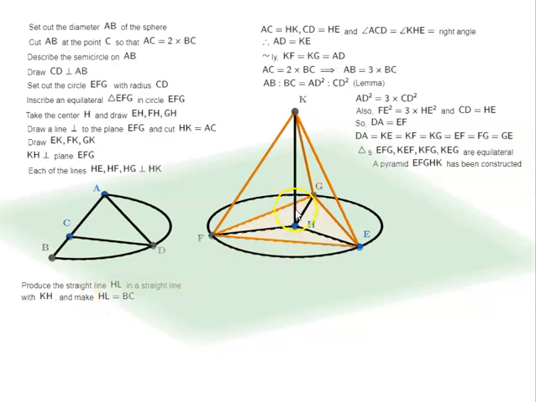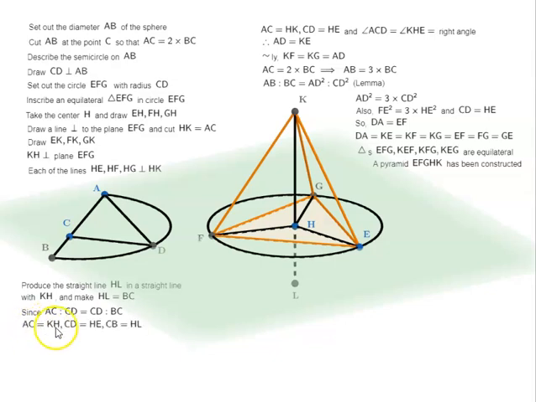Produce the straight line HL in a straight line with HK and make HL equal to BC. So let's do that. So HL is equal to BC. Since AC is to CD and CD is to BC, CD is the mean proportional between AC and BC.